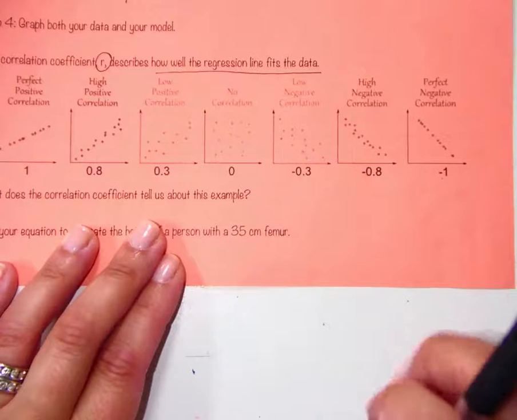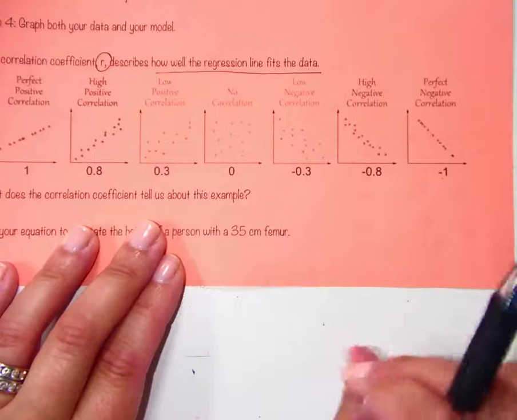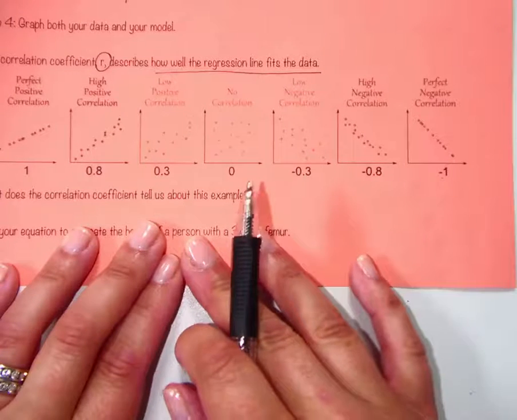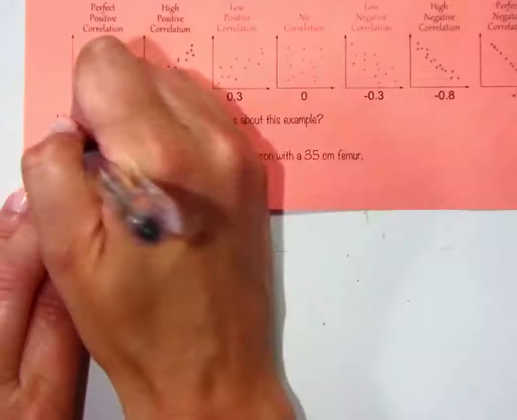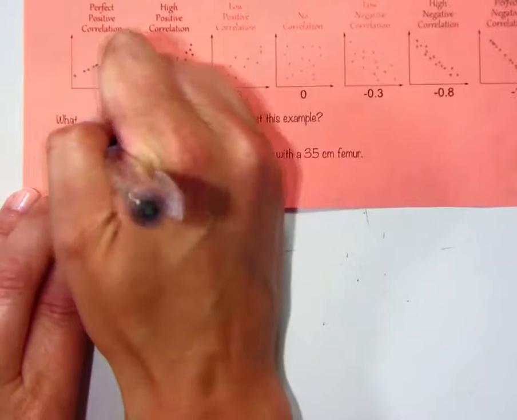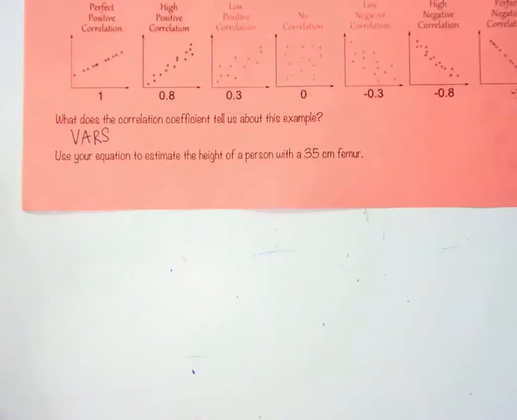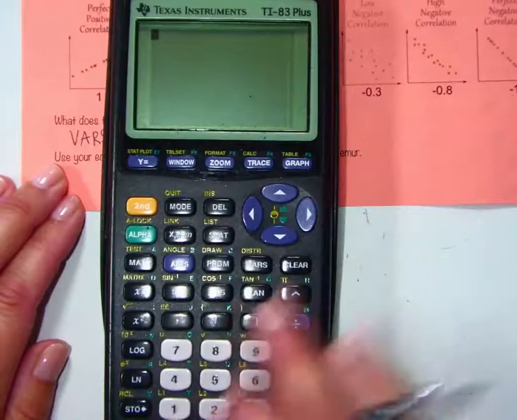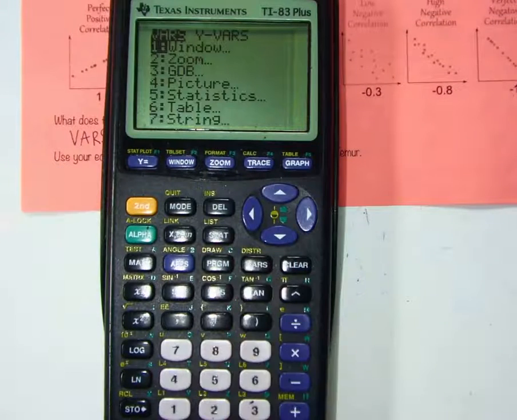So let's find our correlation coefficient for our example. And for some reason, the instructions to do this are not on here. So just write it down. It's not too difficult. The first button that you are going to choose says VARS. You might want to jot this down too. VARS.